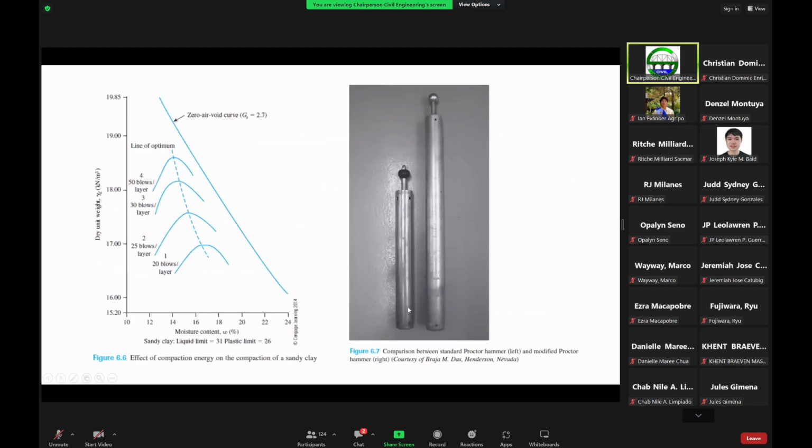If we compare the two, this smaller one is the standard Proctor hammer, while this one here is the modified Proctor hammer. So that's the difference between the standard test and the modified Proctor test.